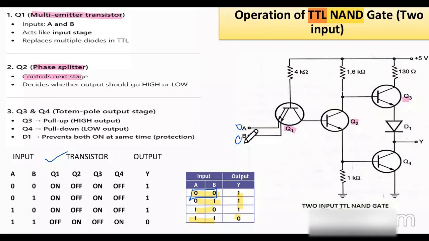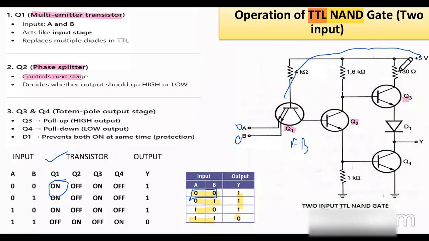If A and B is 0 0, this particular Q1 is in the forward bias condition. मतलब Q1 on हो जाएगा. यहाँ पे भी लिखा है देखो, Q1 is in the on condition, and the current is flowing through this 5 volt, 4 kilo ohm, base and to the emitter.